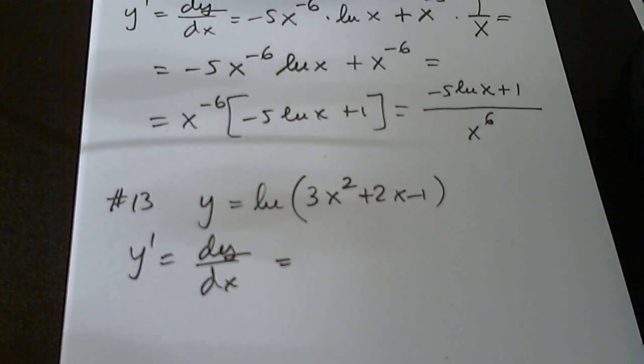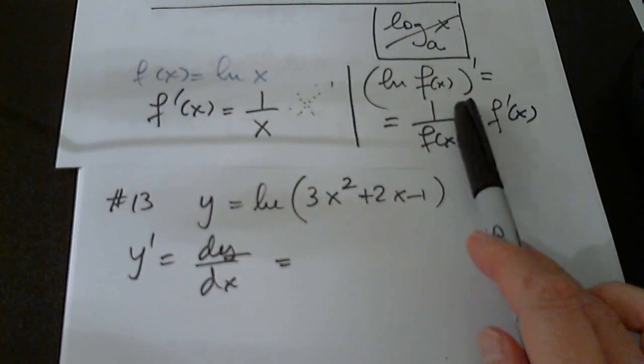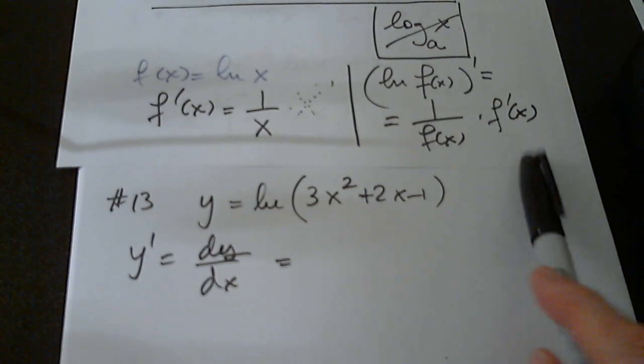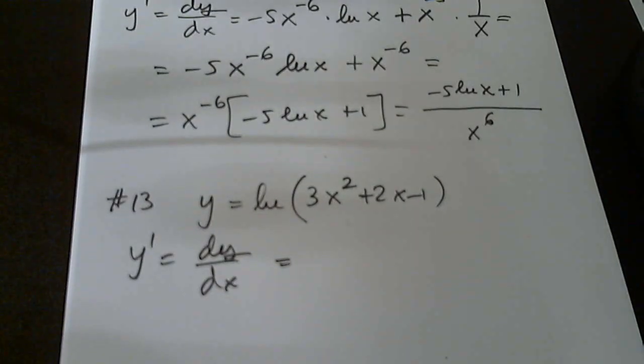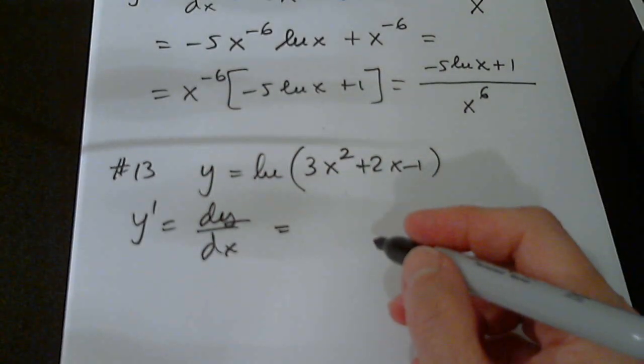So let me show the formula again. Natural log of a function prime is 1 over the function times the function prime. Can anyone tell us what to write? Ready? Please try.